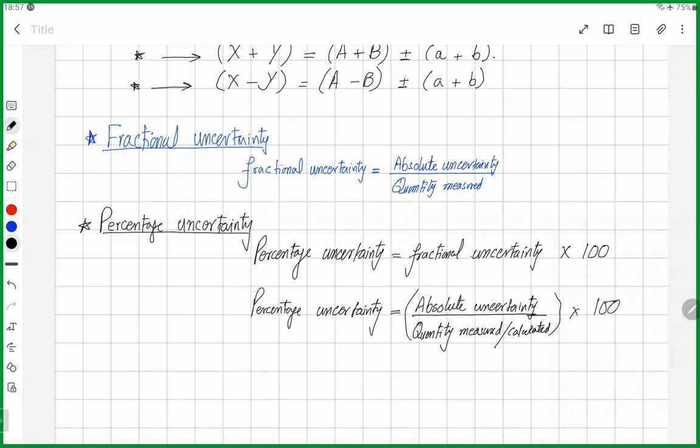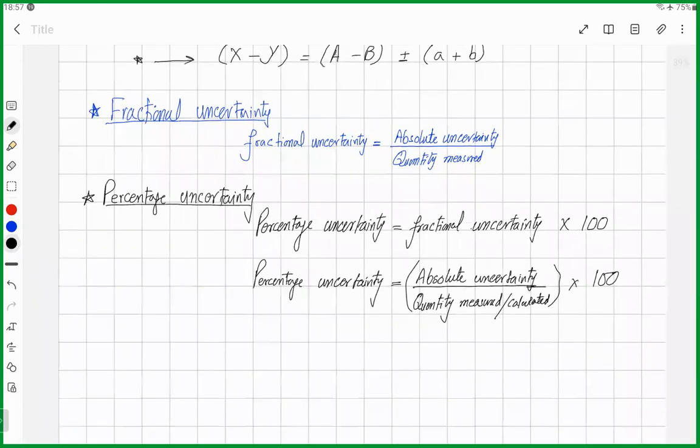Okay, so this is how we can find out percentage uncertainty. So we have two kinds of uncertainties now, fractional uncertainty and percentage uncertainty, other than absolute uncertainty.